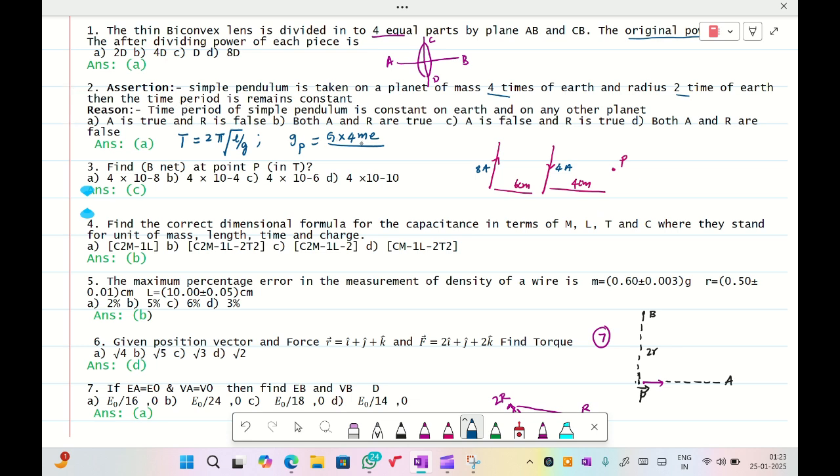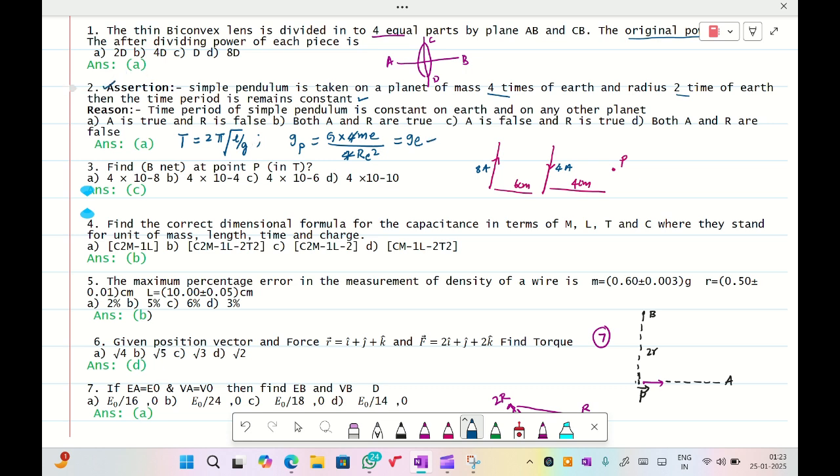So now g value is equal to 4 ME by r square, where r is the radius of the Earth, and here 2 times is given, so 4 into r square of the Earth will come. So 4 will get cancelled. Therefore, it is equal to g of Earth. Therefore, time period remains constant because g is not changing, length will not change anyway. Therefore, time period remains the same.